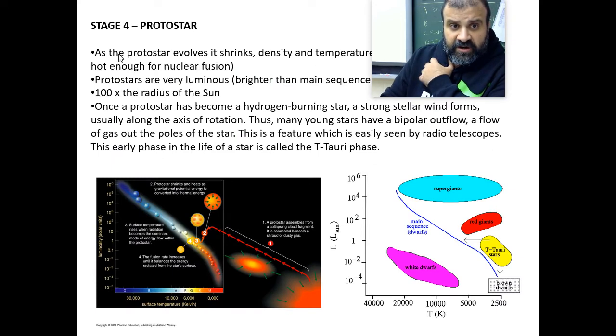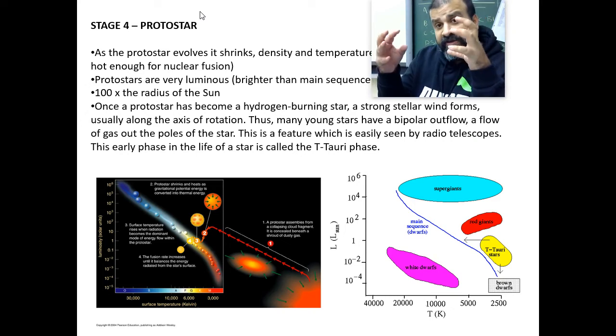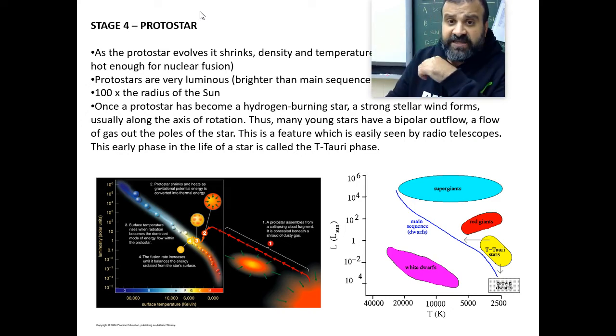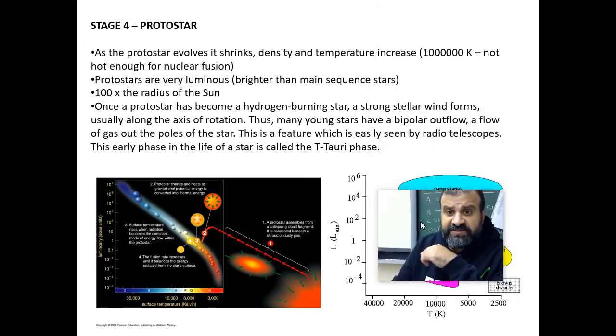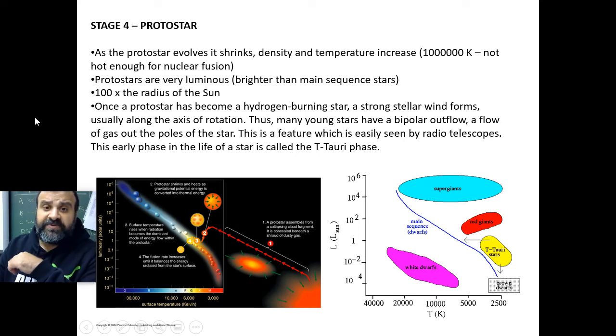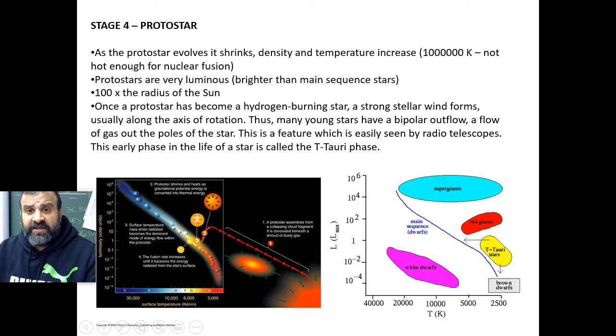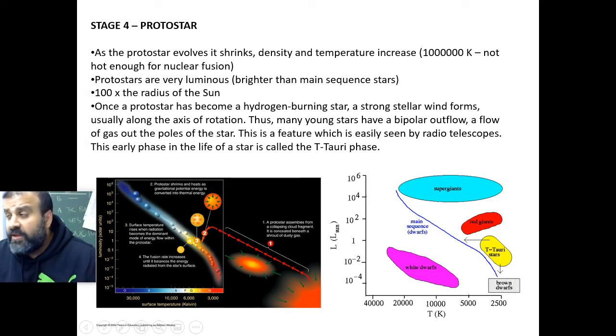So, protostar. As the protostar starts evolving, it keeps shrinking. And as it keeps shrinking, the temperature inside gets hotter and hotter, the density increases, and we reach 10 million degrees Kelvin. We're not quite at nuclear fusion yet. But protostars are very bright.